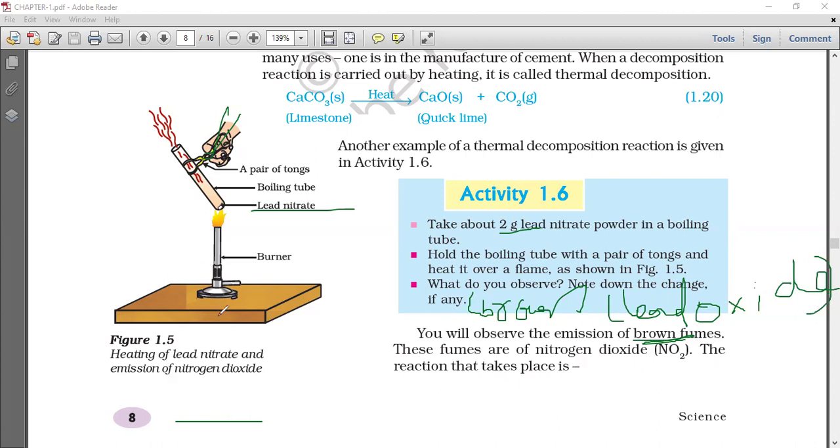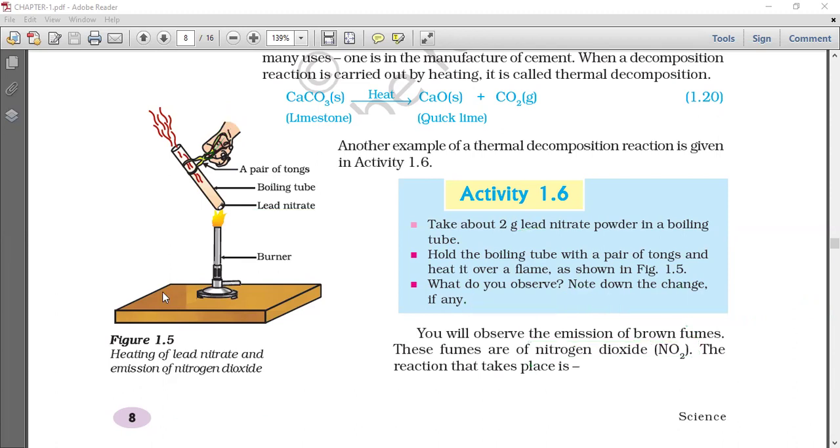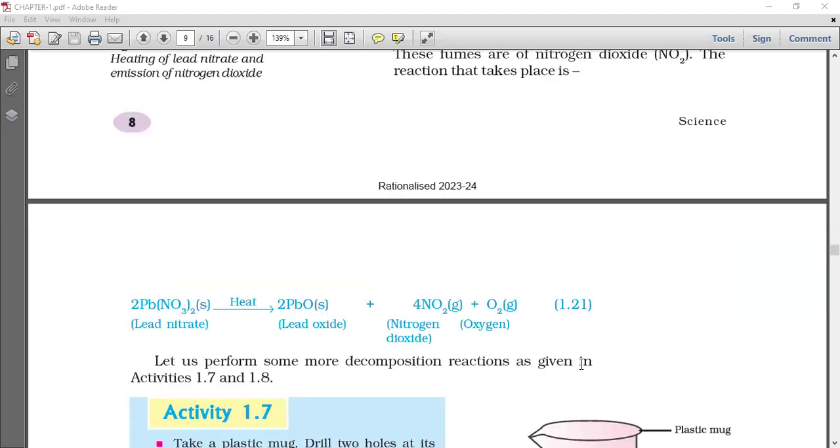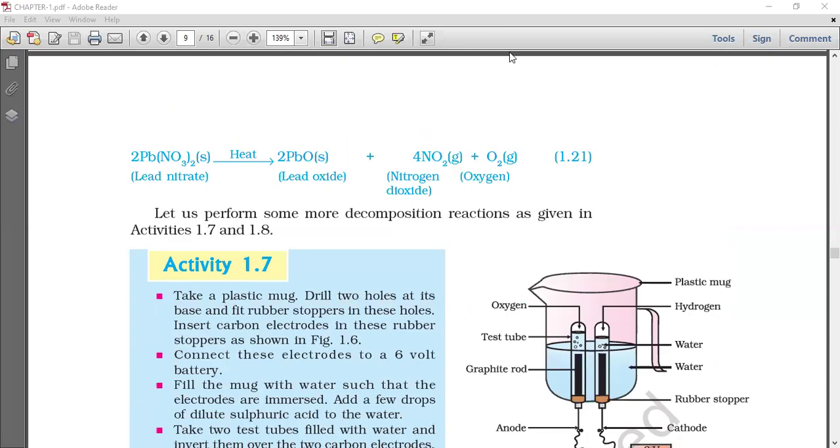Why? Because it evolves nitrogen dioxide gas. This nitrogen dioxide gas smell will be very strong. This is also an example of a decomposition reaction. Very, very important.